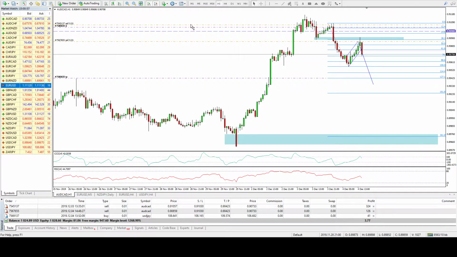Now I'm going to also trail this one at 40 pips.